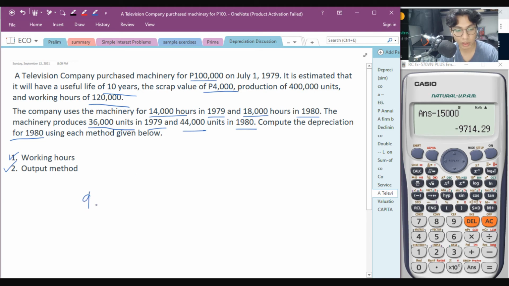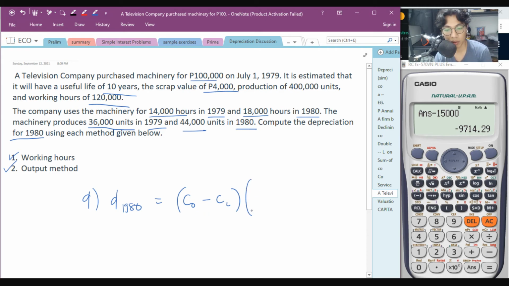So, dito, letter A, we have to compute the depreciation at the year 1980. That is the first cost minus the last cost or the salvage value. And then, ito is QN over T, total number of hours. Working hours to. So, CO mo dyan is 100,000 pesos. And then, ang last cost mo or salvage value, that is 4,000 pesos.